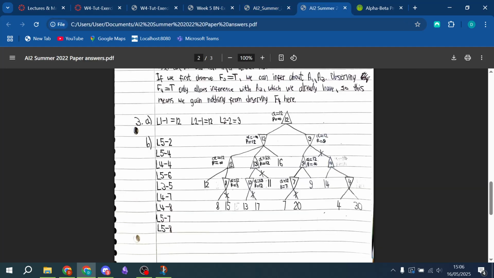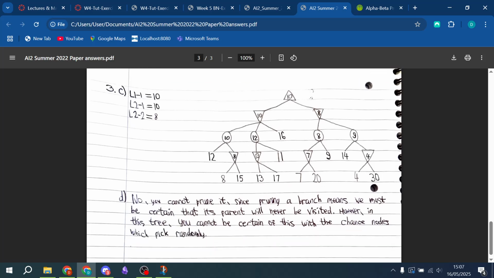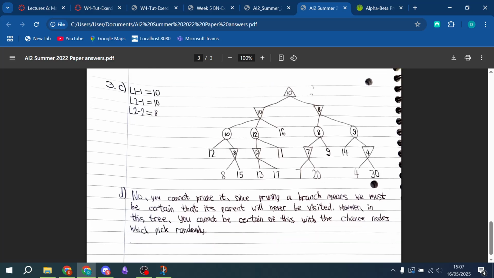I figured that the value would be like the mean, maybe? I don't know, I'm probably wrong with this, but I assumed the average value here is going to be 8 plus 12 over 2, which is 10, and that gives you these values, but it could be a different thing.